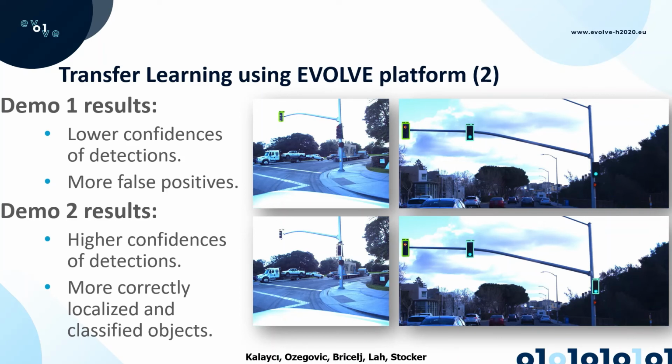Based on this experiment, we can say that we have some benefits of using Evolve platform for transfer learning in deep neural networks. For example, the local resources were insufficient for experimenting with this retraining on our local machines.